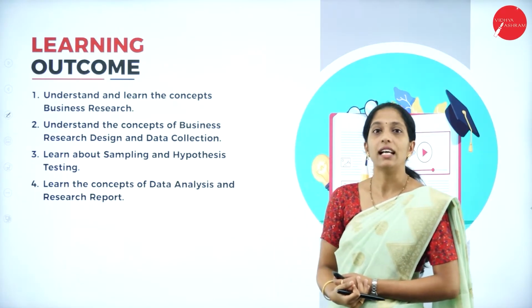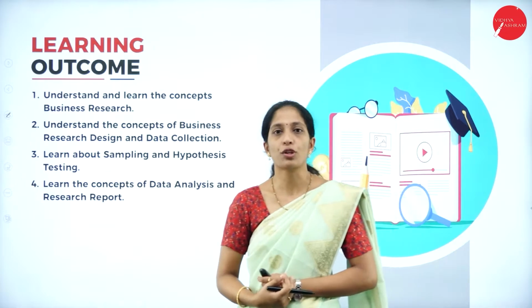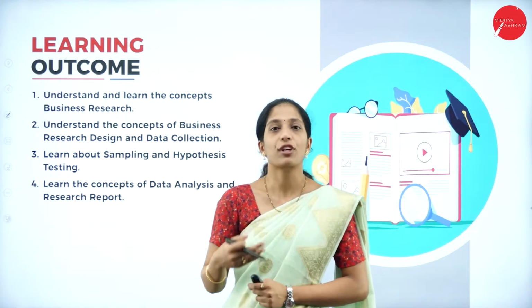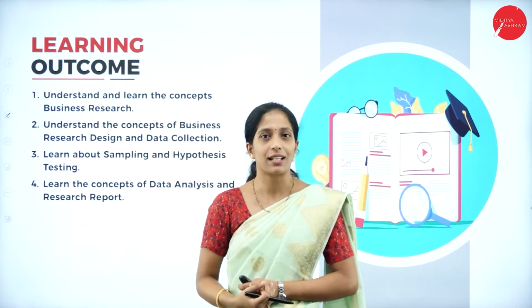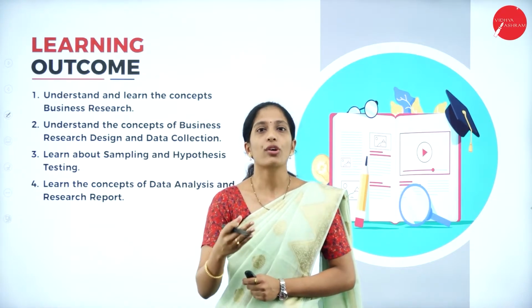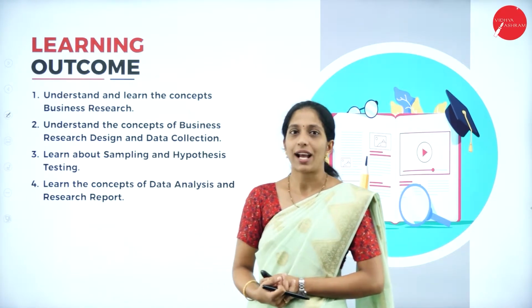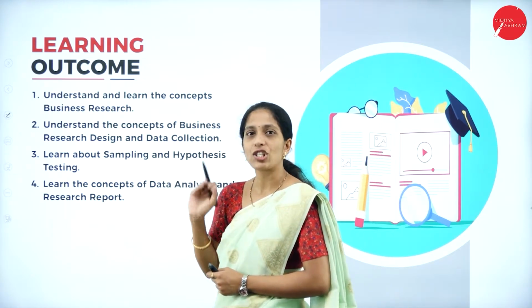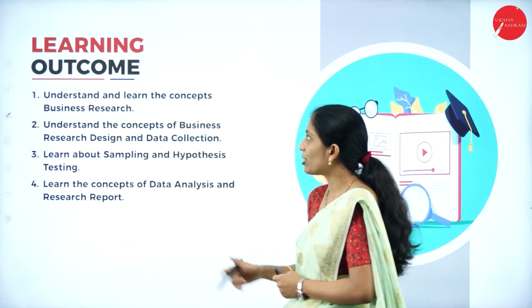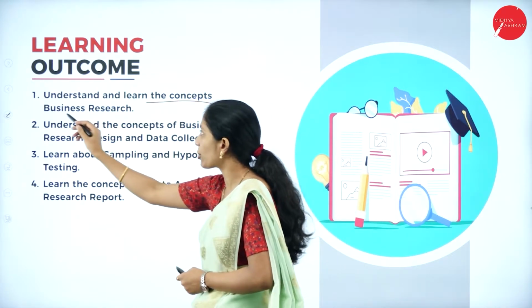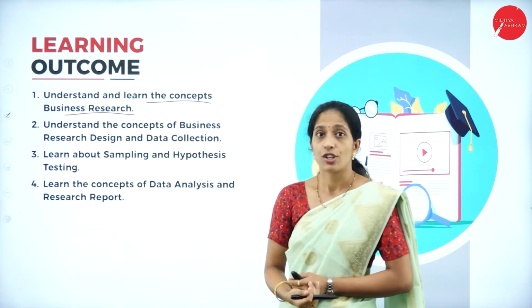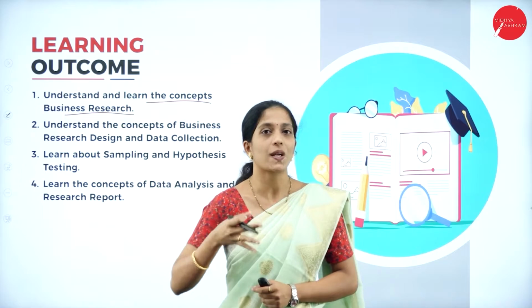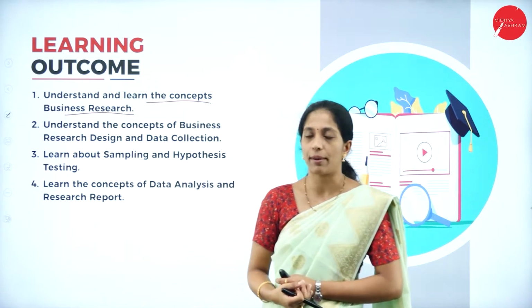Now let us see the learning outcome. What would be the learning outcome? After going through each and every unit under business research method, what will you be able to understand? That is nothing but the learning outcome. After going through each and every concept, you will be able to understand and learn the concept of business research. You should be able to analyze what this business research is all about.